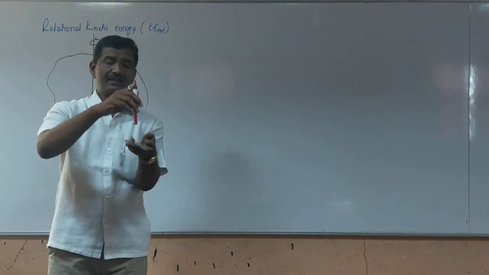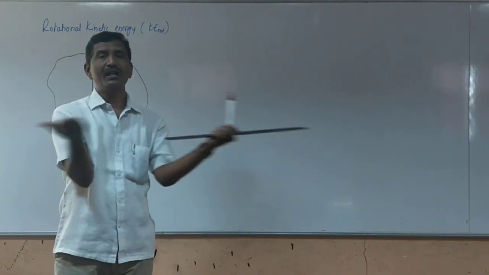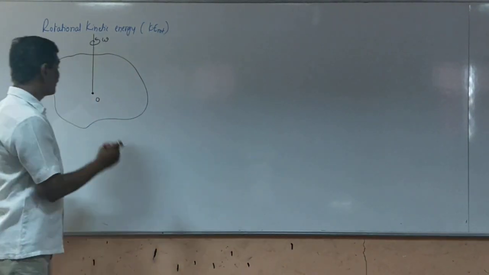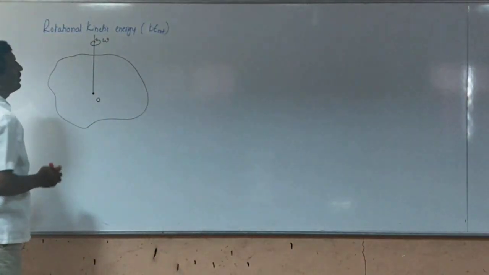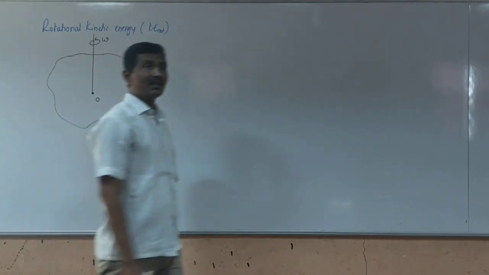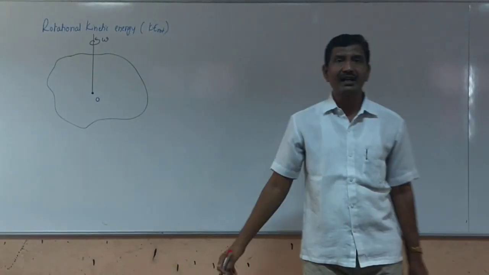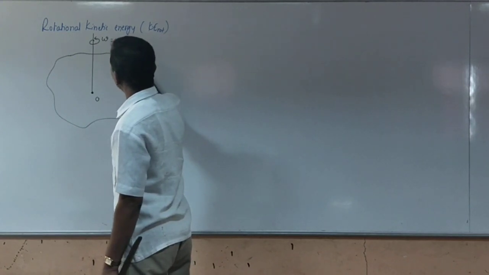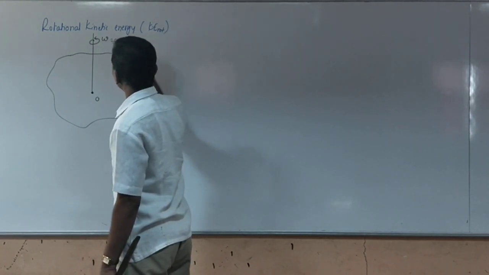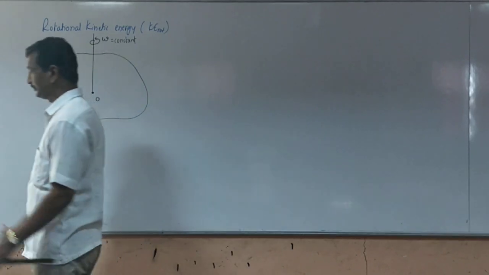Means that axis is perpendicular to the plane of the body here, and it is passing through the point O. This body is rotated with constant angular velocity omega. Means omega is constant, neither increases nor decreases.